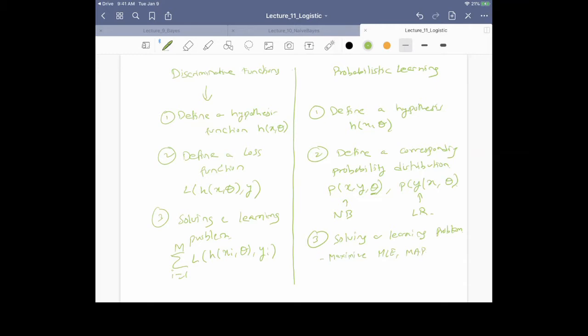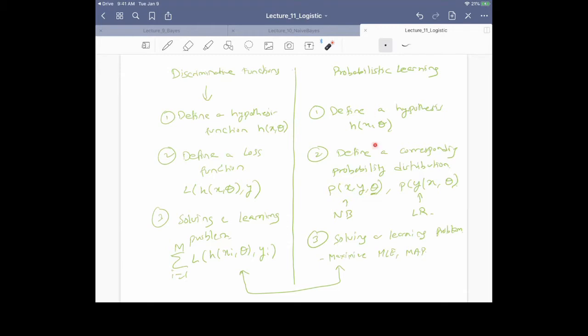Interestingly, this turns out to be related. In the case of logistic regression, when we do the maximum likelihood estimation, we will get something that involves solving a learning problem like this. So both of these are connected, but the approach is very different.